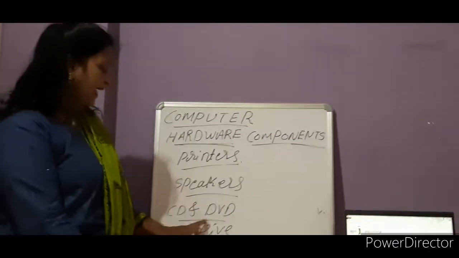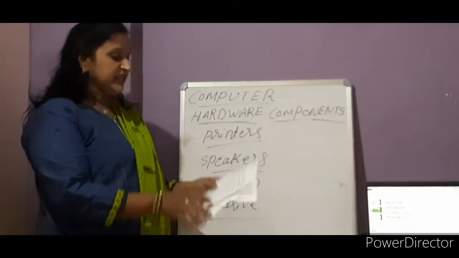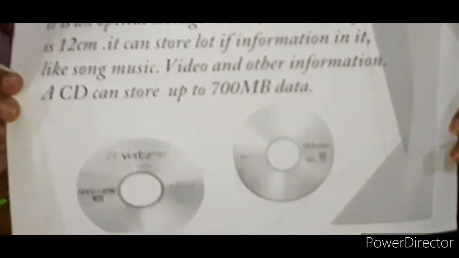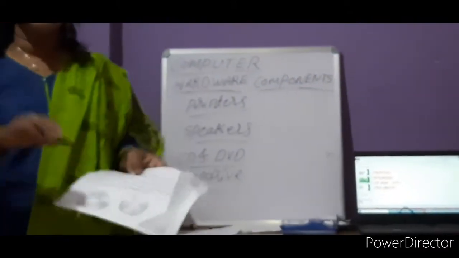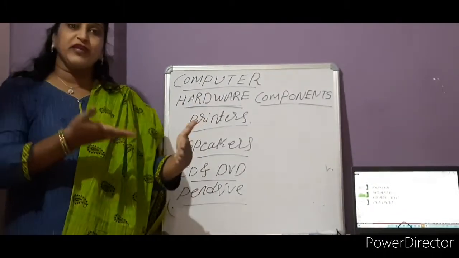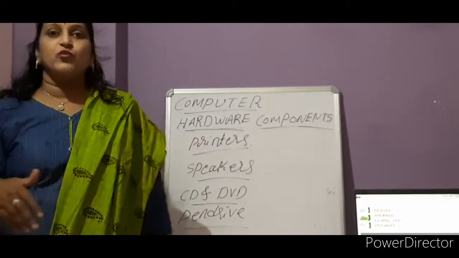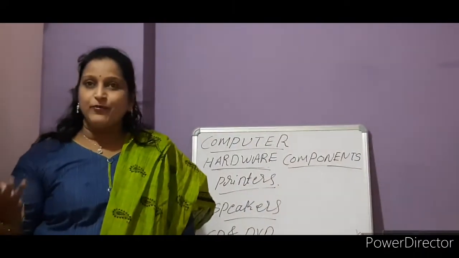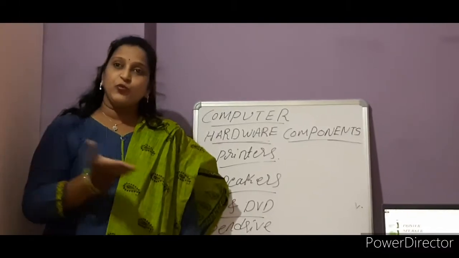Next we are studying the CD and the DVD. What do we mean by CD and DVD? Here you can see how the compact CDs look, round in shape. We can put them in the case. The CPU box is rectangular in shape, and you can put them in the laptop side too.